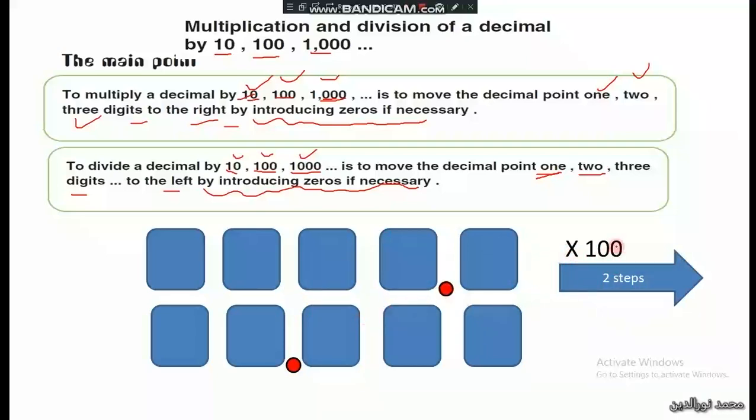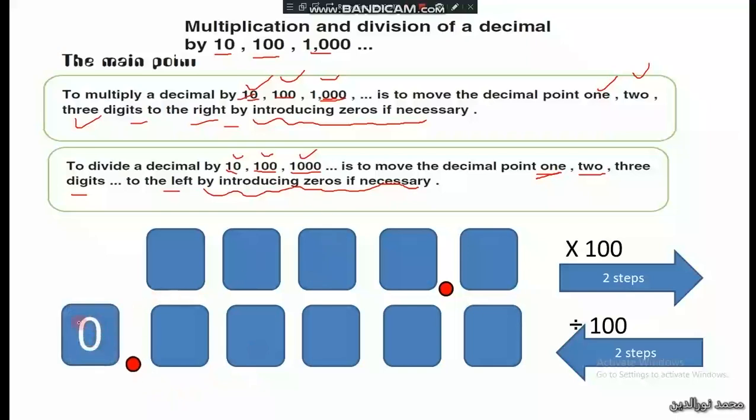This way we are multiplying by 100. If I want to divide by 100, we move the decimal point 2 steps to the left, so 1 and 2, and it's necessary here to add 0 to the left, because we cannot leave the whole part vacant; we have to put 0.